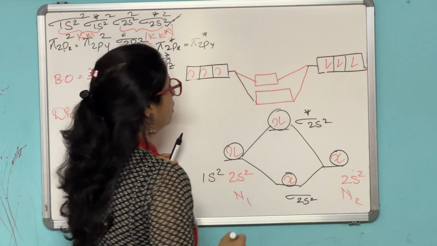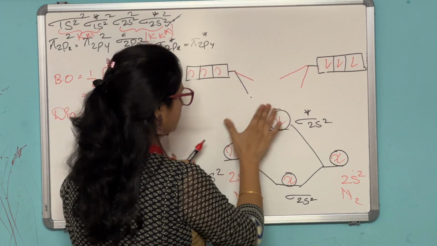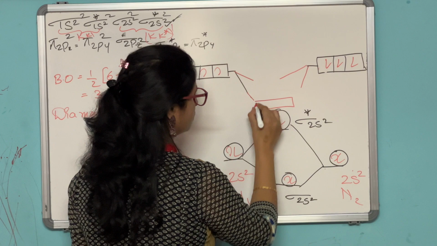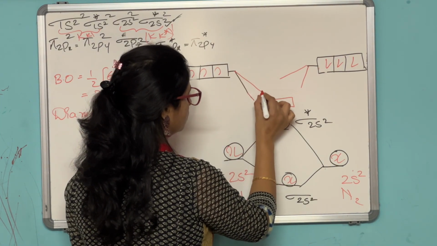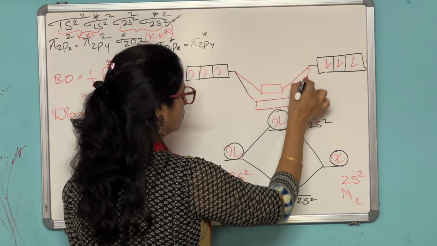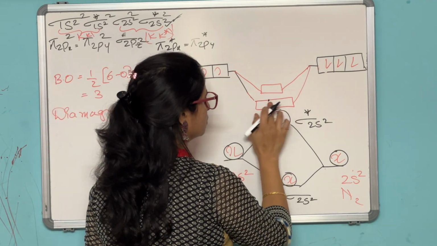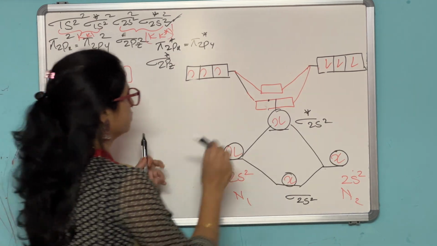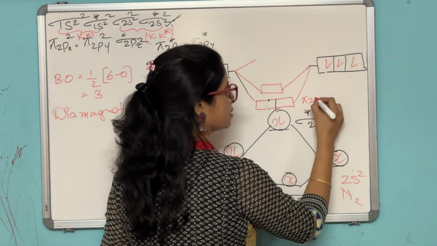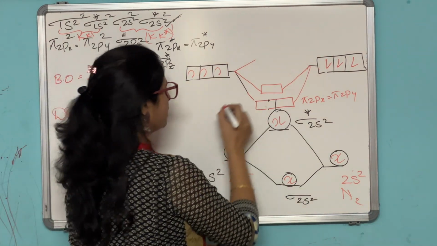Okay, 3 electrons. Next comes pi 2px equal to pi 2py, and here next 2pz, this is the energy axis.